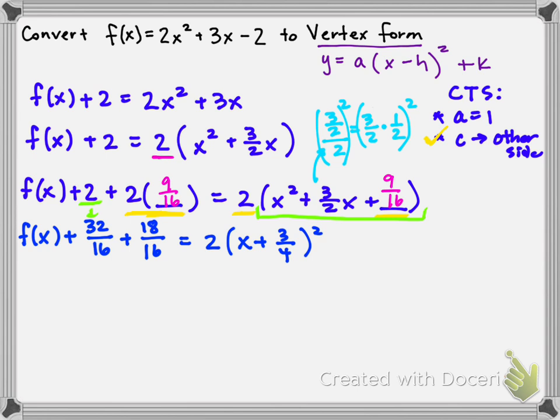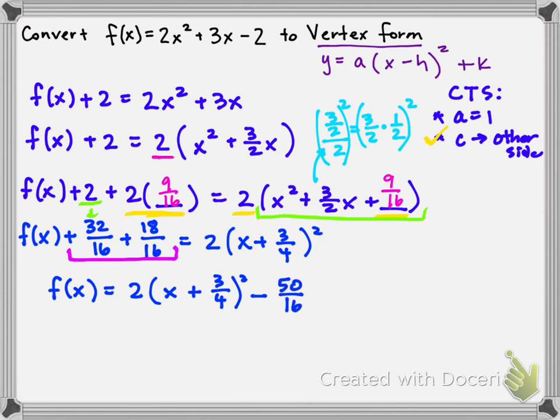So I'm going to take these 2 terms here, add them up, and I'm going to get f of x is equal to 2 times the quantity of x plus 3/4 squared minus, now 32 plus 18 is going to be 50 over 16. But I can simplify that fraction, right? I can divide both terms by 2. So we have 25 over 8.